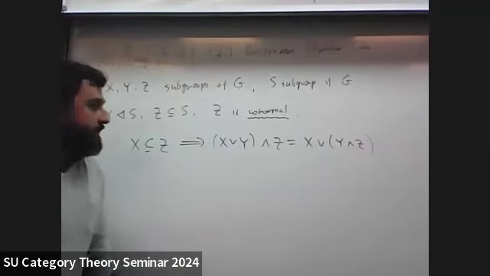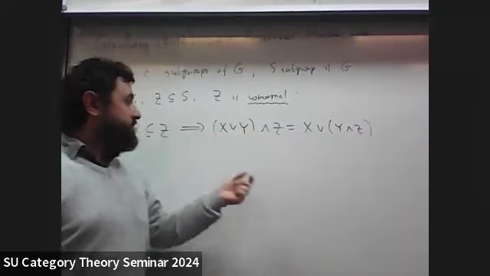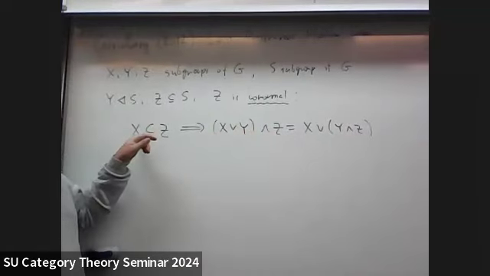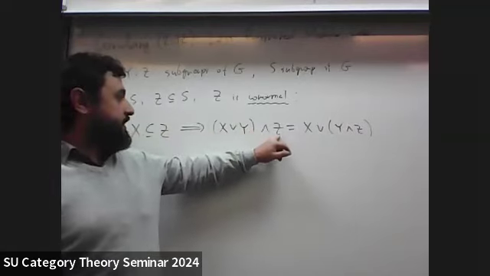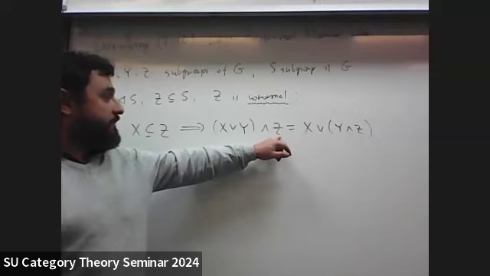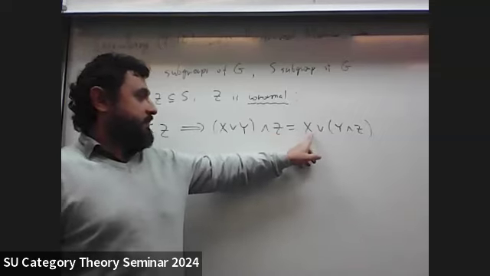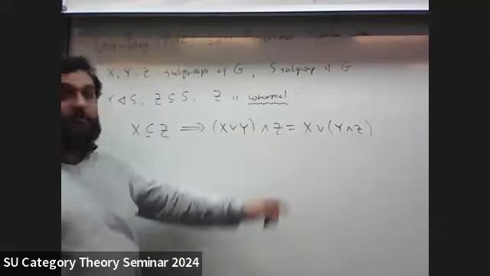Many of you are familiar with this law. You can think of it as just moving brackets from left to right. It's actually a special case of the distributivity law because X is less than Z, I can think of Z as X join Z. And then it says that X join distributes over the meet, so it's equal to X join Y, meet X join Z.